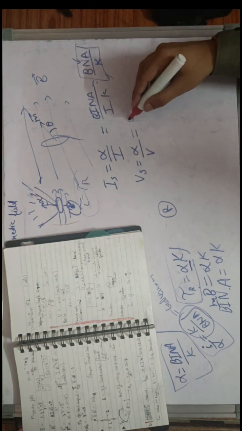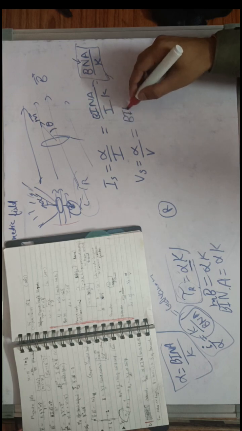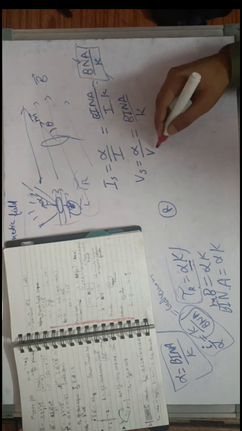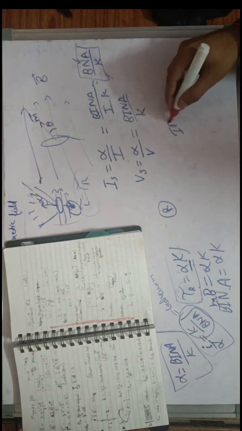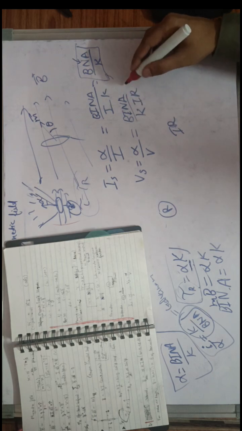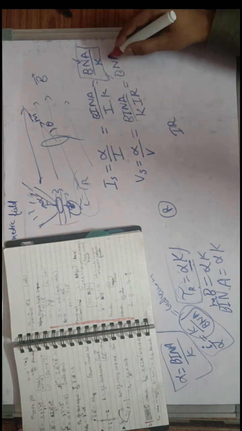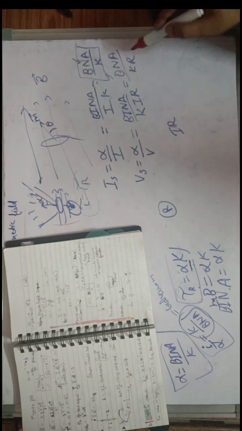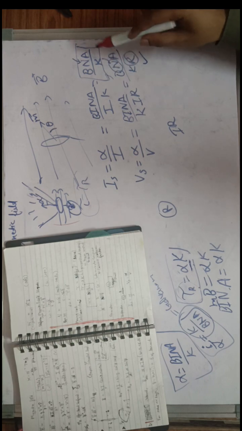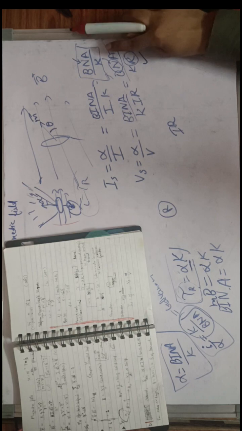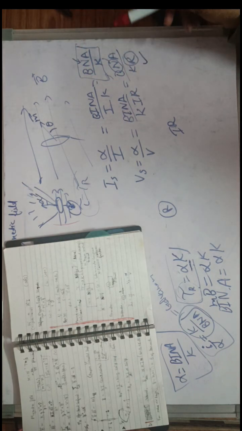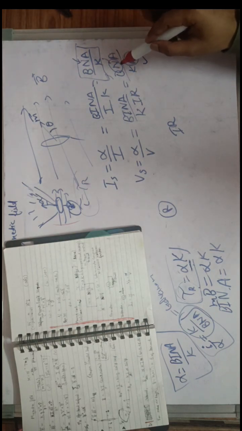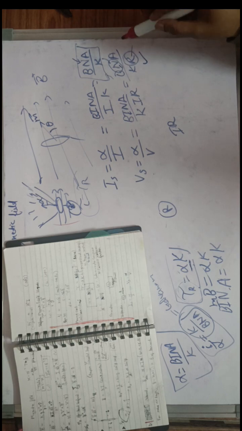The voltage sensitivity is given by alpha, which is B I N A divided by K, and the voltage is equal to I into R. This gives B N A divided by K R. So the voltage sensitivity depends on the resistance and the number of turns, and the area, while the mostly varied quantities are the number of turns and resistance.